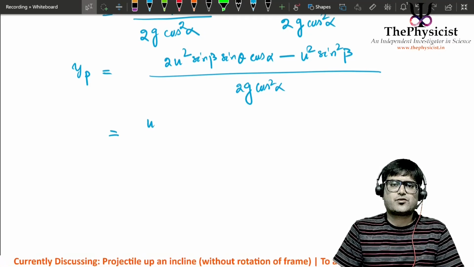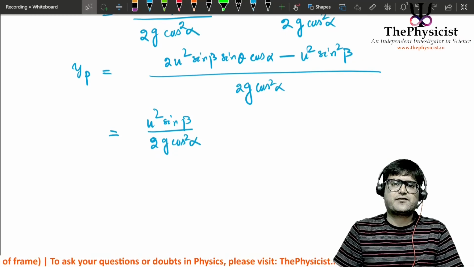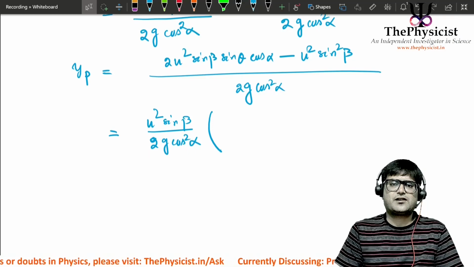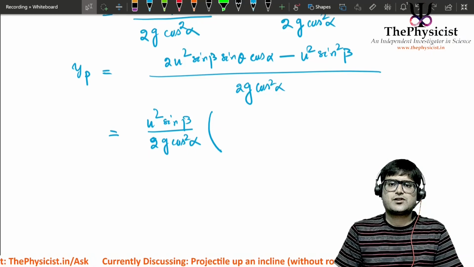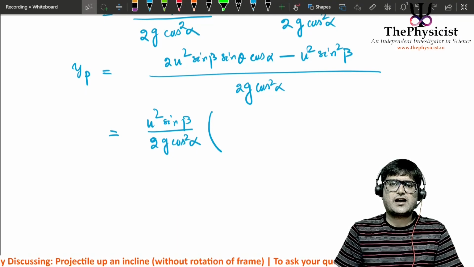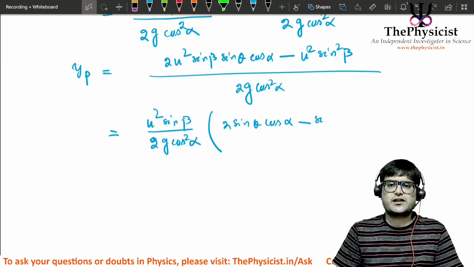We will write u squared sine beta divided by 2g cos squared alpha as common, and then I have 2 sine theta cos alpha minus sine beta.